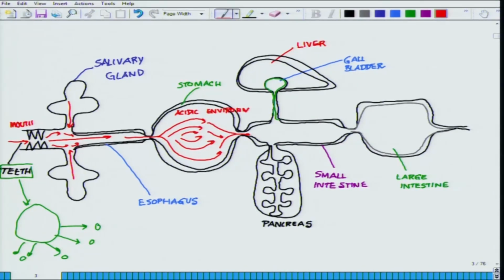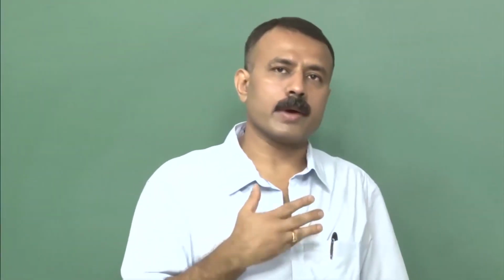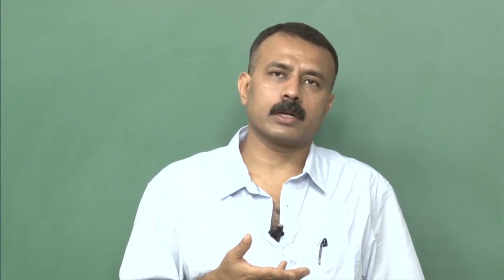So, the reason I was trying to highlight this is a very application oriented situation. Say for example, you have to take a drug through the oral route. The first thing that happens is that once you take the drug, this drug experiences an extreme acidic environment in the stomach.